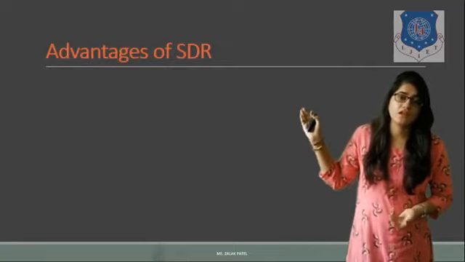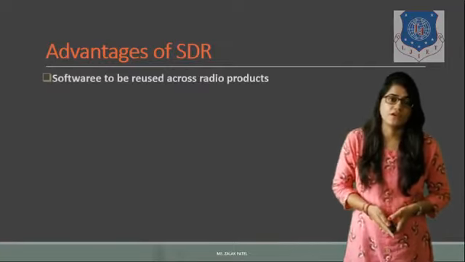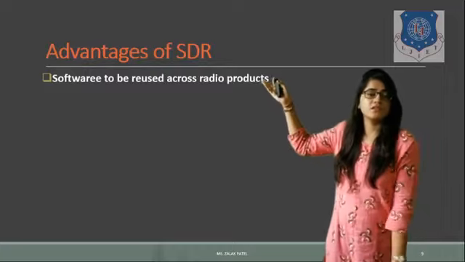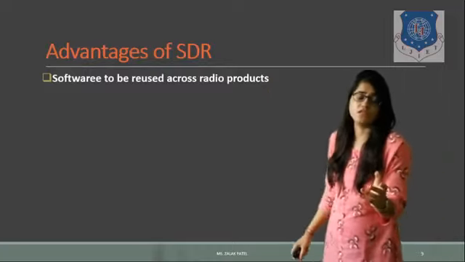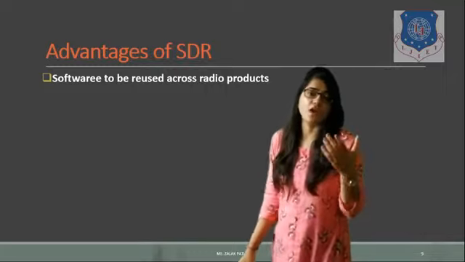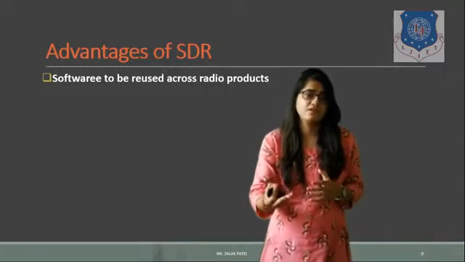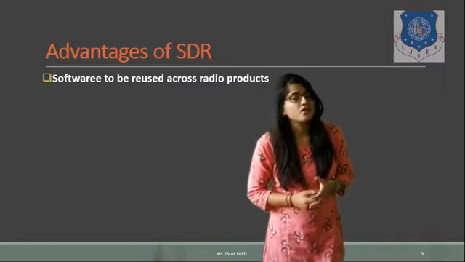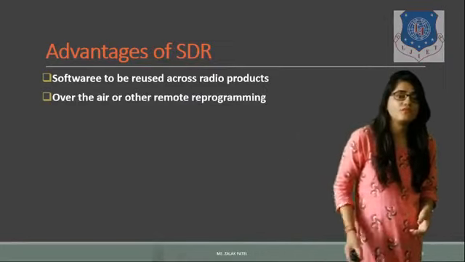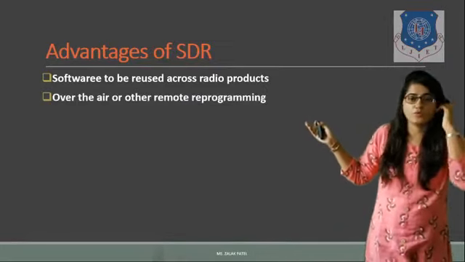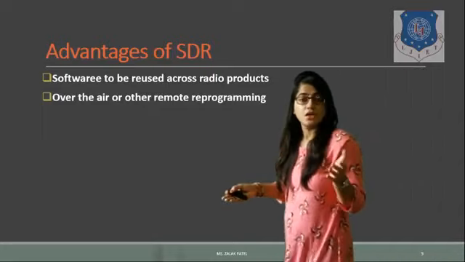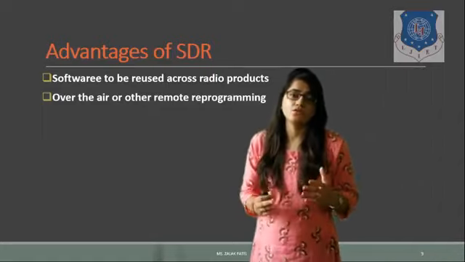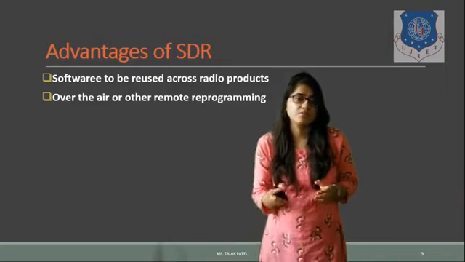Next one is the advantages of the software-defined radio. So first is software can be reused across various platforms. Once you have developed the software for adaptive radio, you can also use that for the intelligent or smart radio also. Over the air remote programming can be used, means you do not need to go to the end user and change the programming.